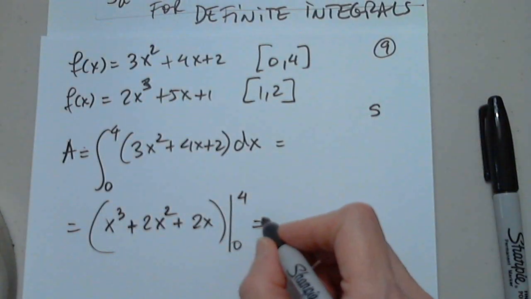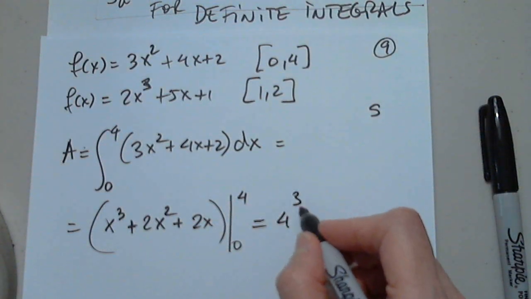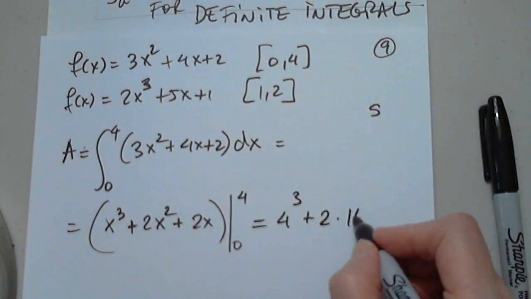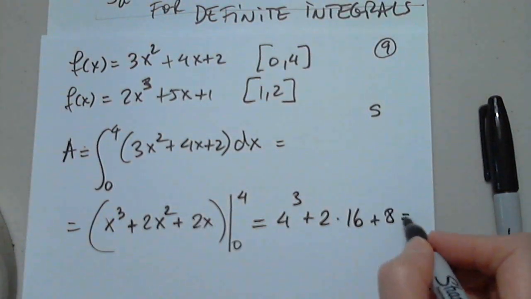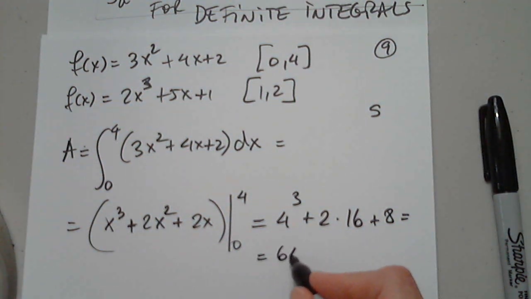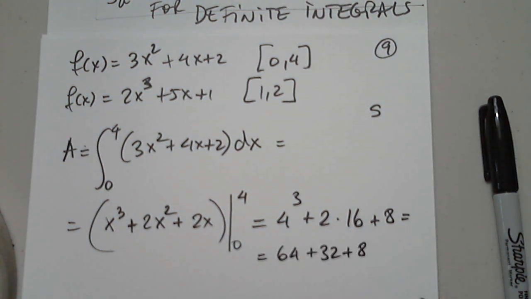So I only have 4 to the third plus 2 times 16 plus 4 times 2, which is 8. So this is 64, this is 32, and this is 8. So this is 40 plus 64, 104, and I remember it was 104. Piece of cake, isn't it?